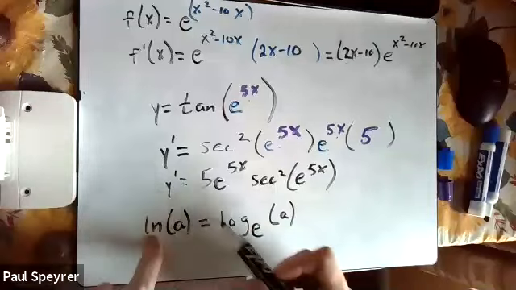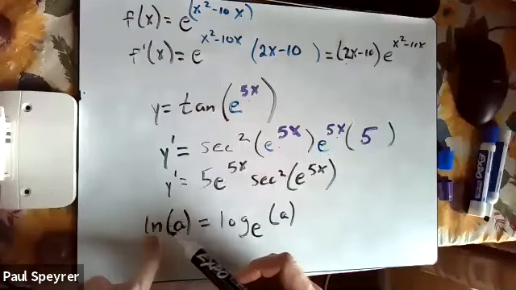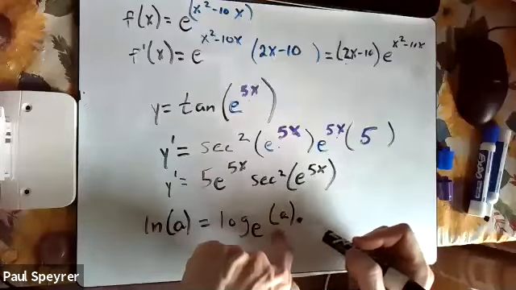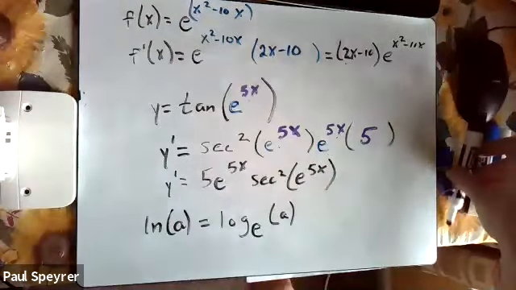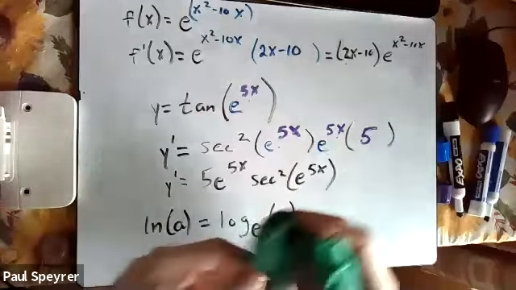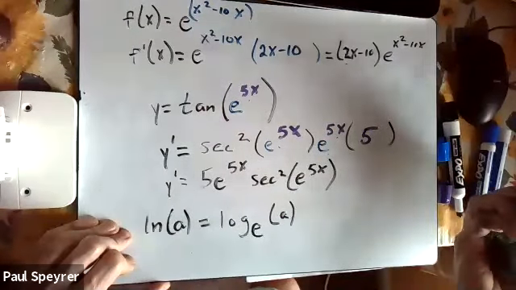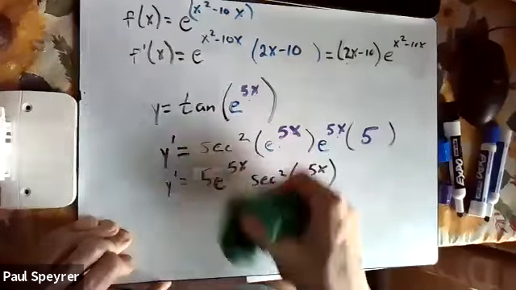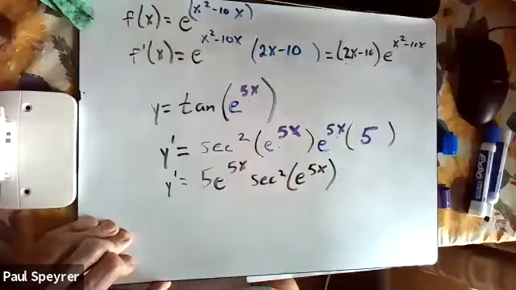You even have a button on your calculator for this. Whenever you see natural logs, it's just log with the base e of whatever. Now, for the derivative, how does that work? Oh, wait, this comes at a later section. Sorry. We'll get back to that in a few sections from now.